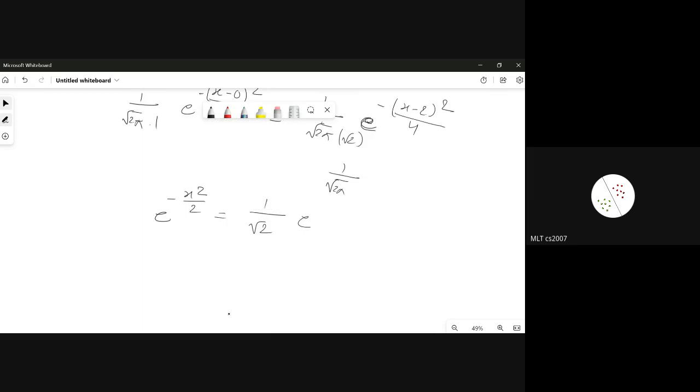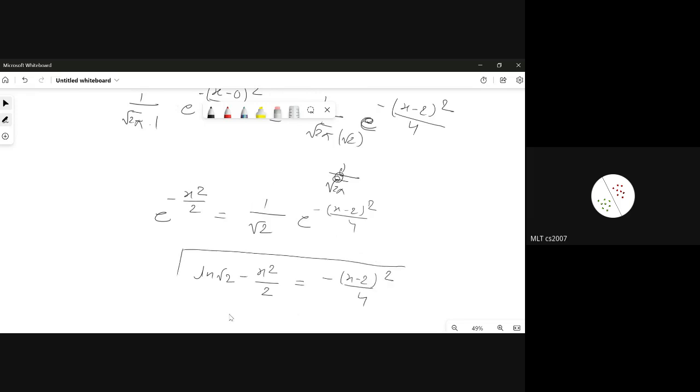So you are left with minus (x minus 2) whole square by 4. What you can do is take the log, the ln, so it will become ln root 2 minus x square by 2 on one side, and minus (x minus 2) whole square by 4 on the other.